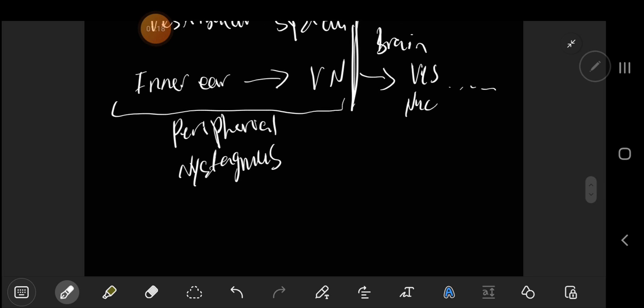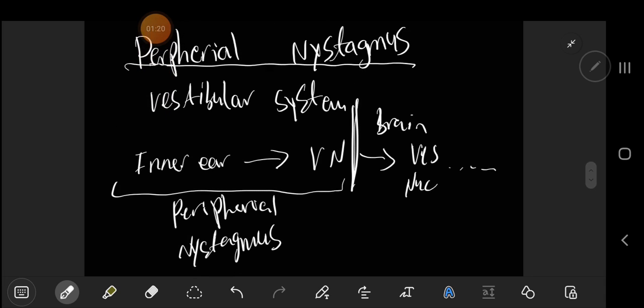Now, what's the idea of peripheral nystagmus? Think about it, that you have an inner ear here and on this side, right? And when it's normal, so great. When you move, for example, if there is someone here looking at you, here it is.